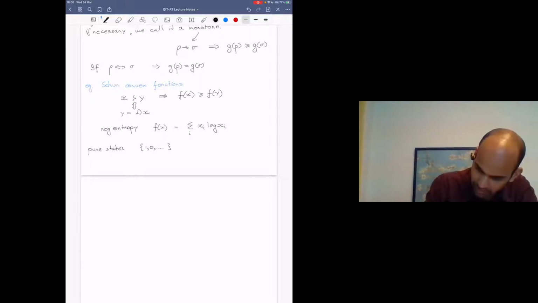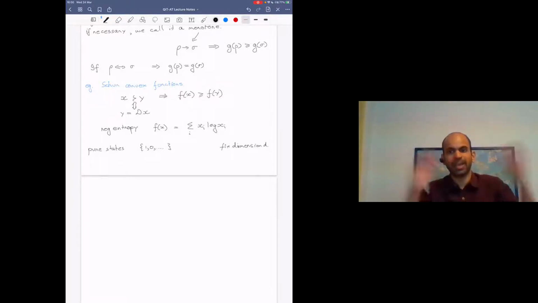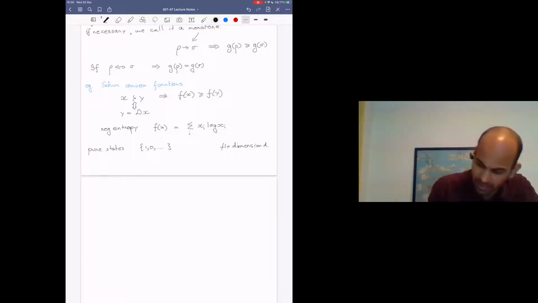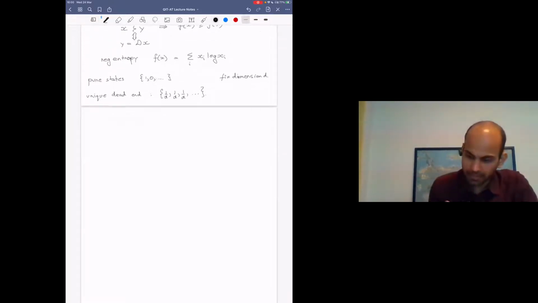So we fix the dimension D when we are talking about doubly stochastic matrices. Then all of these are extremal in the sense that they can be taken to every other state, including amongst themselves. But there's only one state that's a dead end, which is the maximally mixed state, 1 over D, 1 over D, 1 over D, and so on.